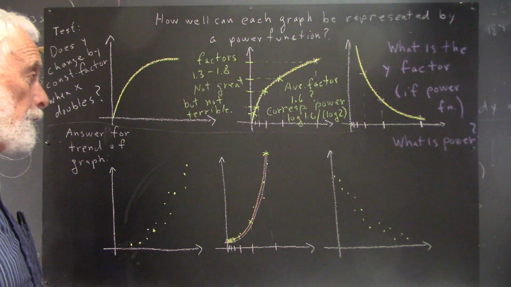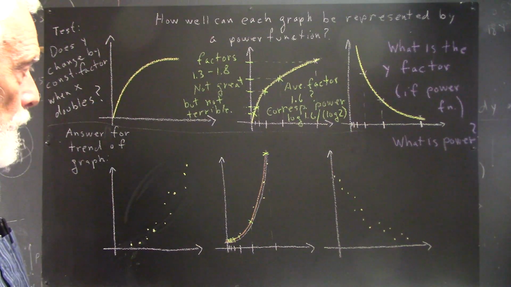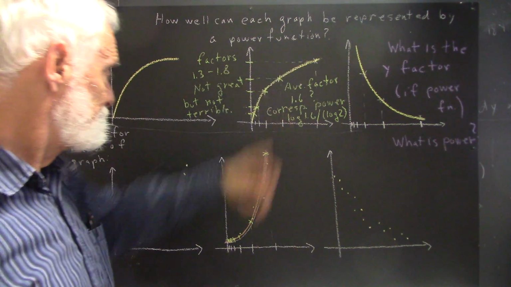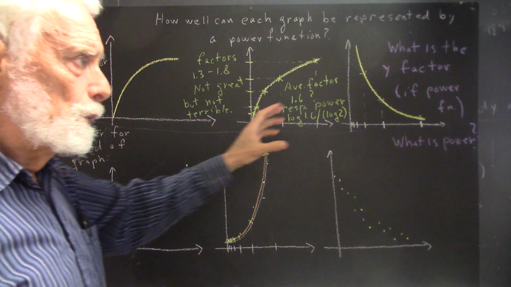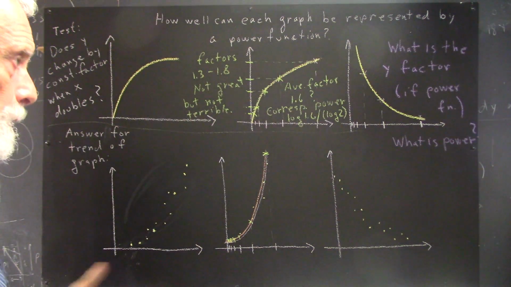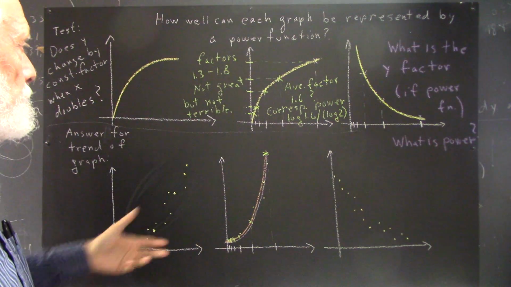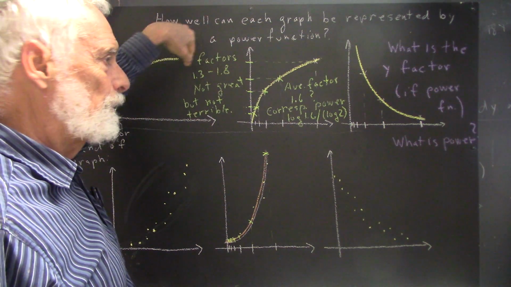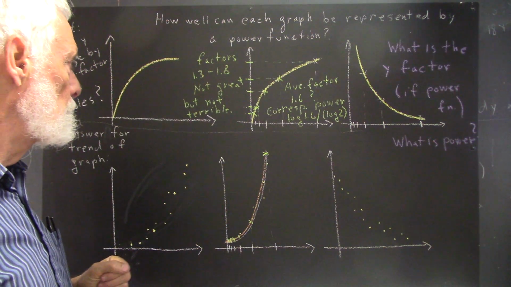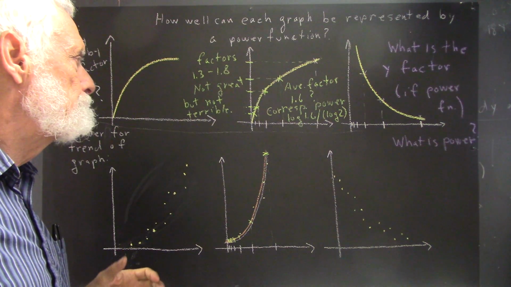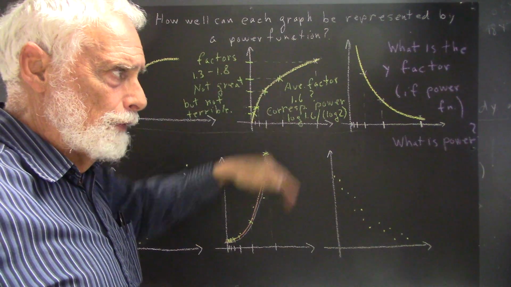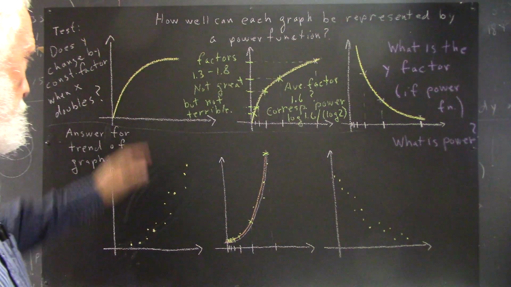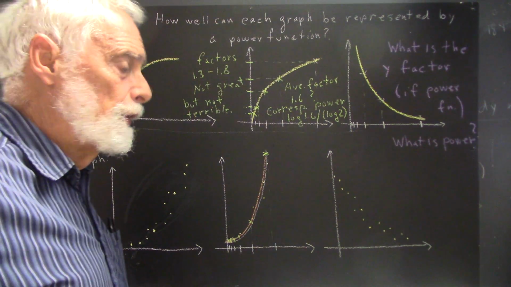You do that in your calculator. Okay, so that would be sort of an answer for this one. You would want to analyze each of these similarly. If it's plausible, if the range of the factors is not too horribly big, then you can conjecture that maybe you have a power function, maybe not. So you can check each of the other graphs in the same way.